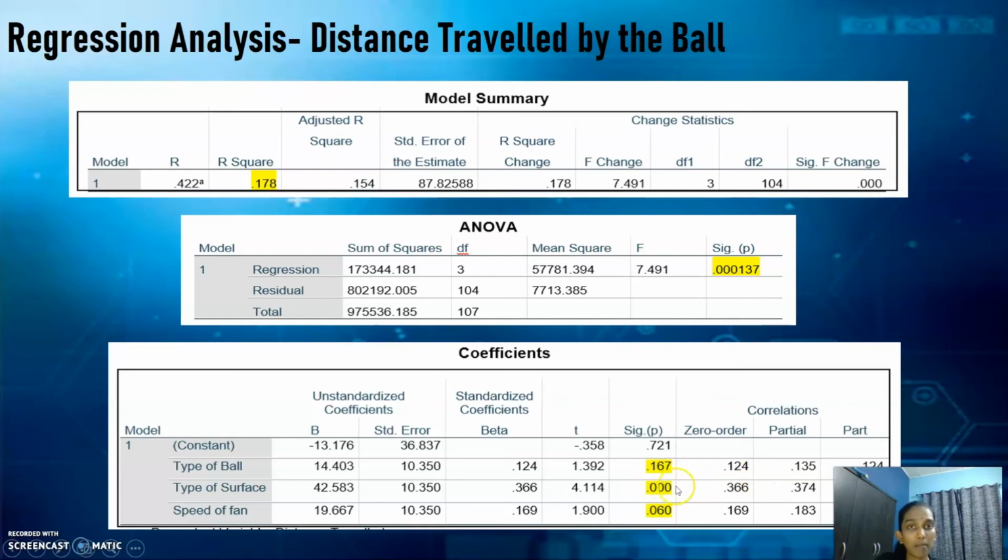There's actually a number behind that, but it is still smaller than 0.05, which explains that the type of surface is a significant independent variable. The third one is the speed of the fan. The speed of the fan is also not significant because the p-value is higher than 0.05.